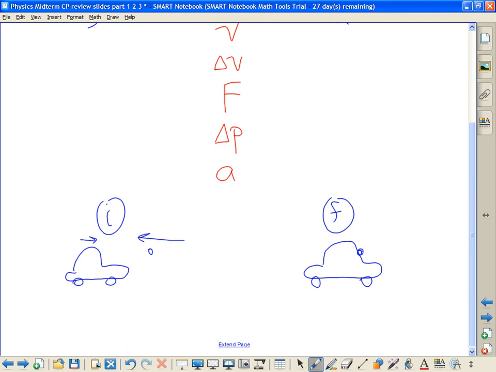And you can use your real-world knowledge. How much is the velocity of the car changed? Probably not much. So do a delta V for the car. Practically nothing.